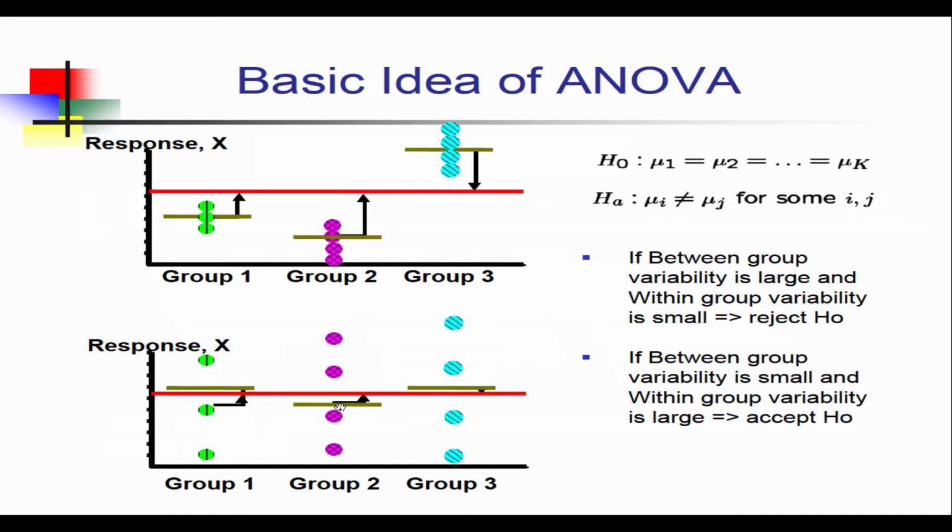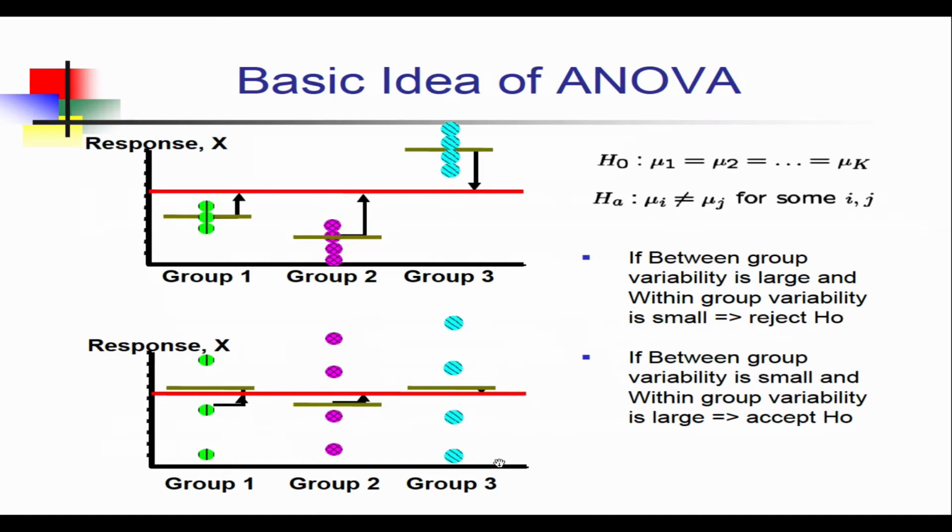Look at the other picture. Here, within each group, the samples are widely spread. The variability within group is large. However, look at their group means. They are close to the overall mean; the red line is the overall mean.